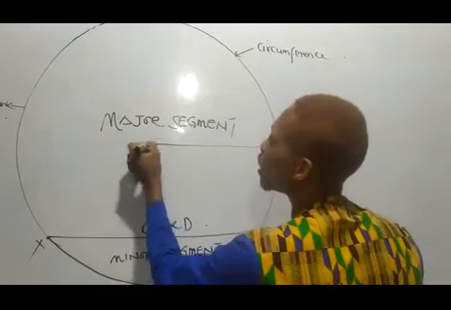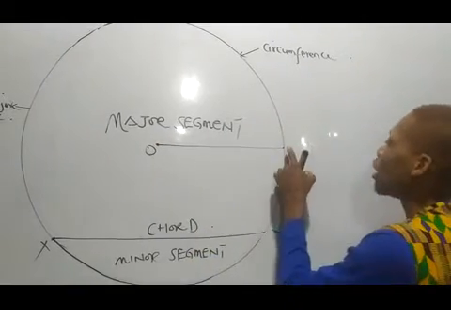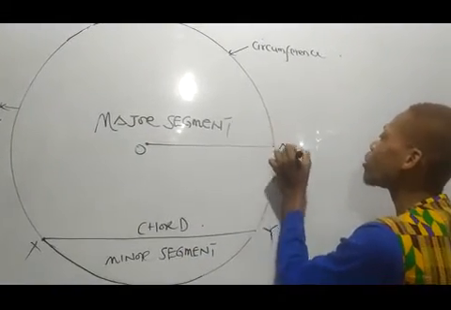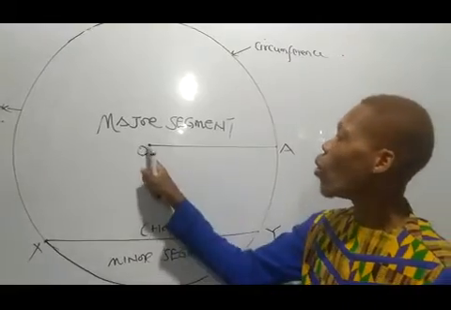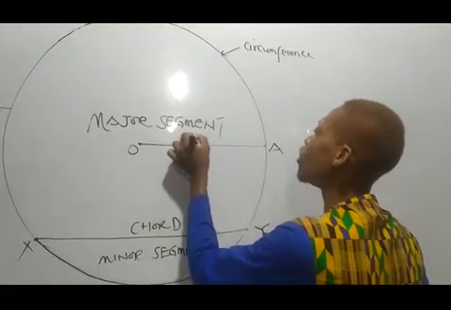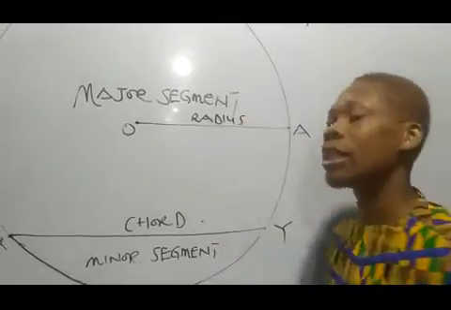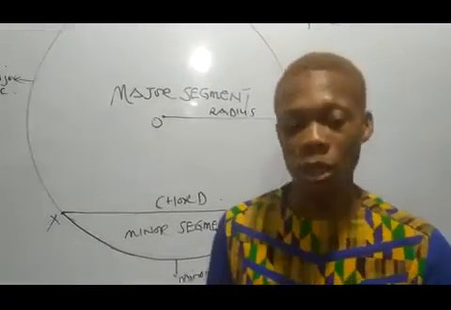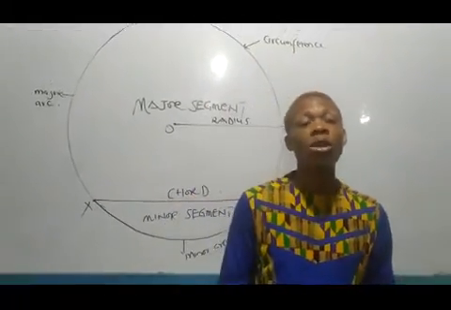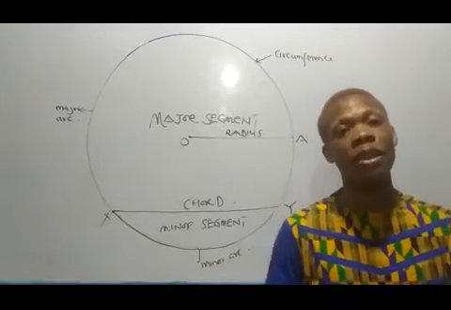Assuming the center is O, and this side is maybe A, then OA is the radius. So radius is always the common distance from the center to the circumference.